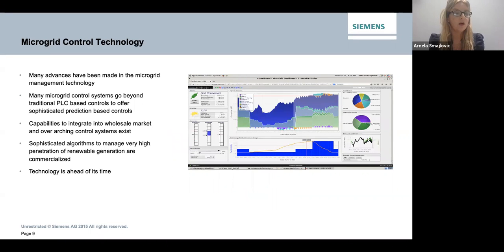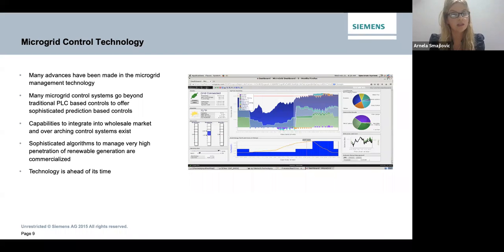This is where a system such as advanced microgrid controllers becomes very appealing and necessary. These systems go way beyond those PLC-based ones and provide sophisticated prediction. The system has the capability to integrate into a wholesale market and subsequently into a larger overarching DERMS system.